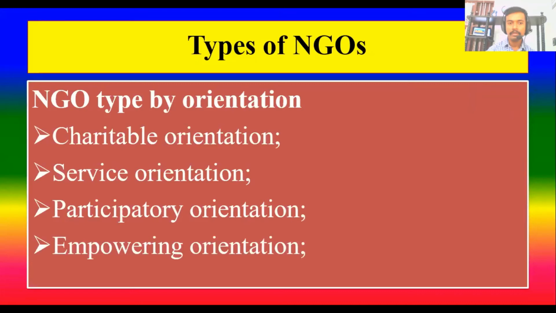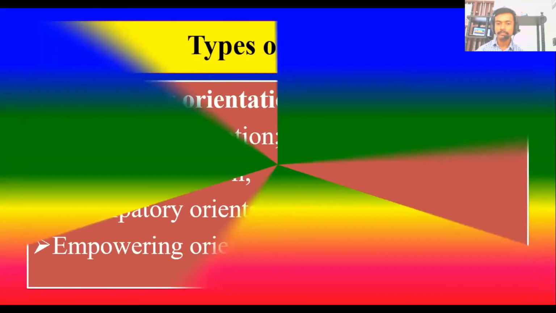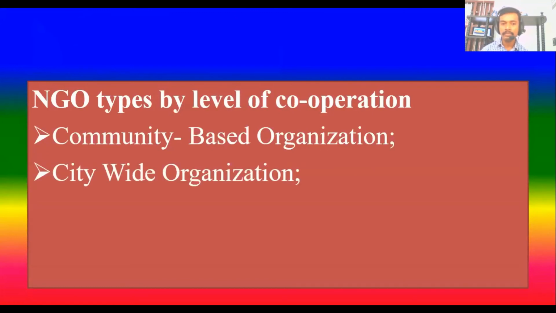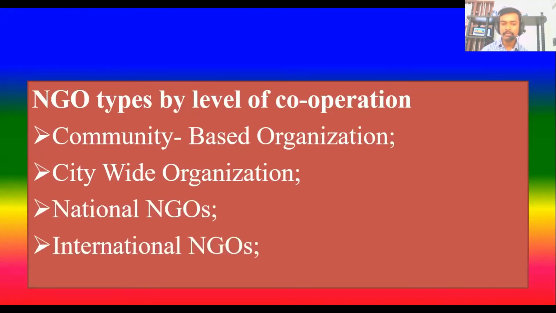Participatory means, for example, nursing associations. Empowering orientation, for example, empowerment of women. Then by level of cooperation: community-based organizations, city-wide organizations, national NGOs, international NGOs.